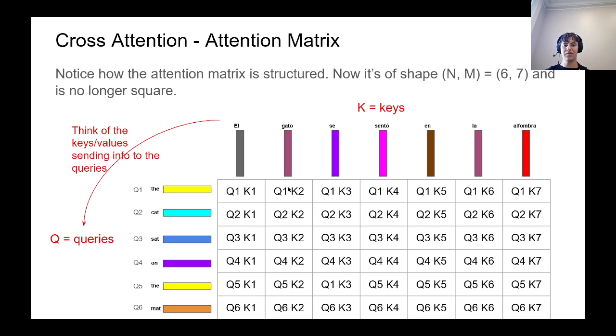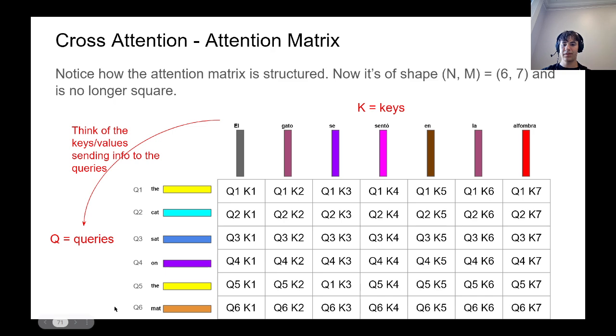Every row represents a token from our sequence. It's going to be the inner product of this token with all the other tokens. And this is going to represent the weight for all of these tokens here. Remember, these are the weights that we're going to multiply by the values. And remember, the values come from our conditioning sequence. So that is what we have here.